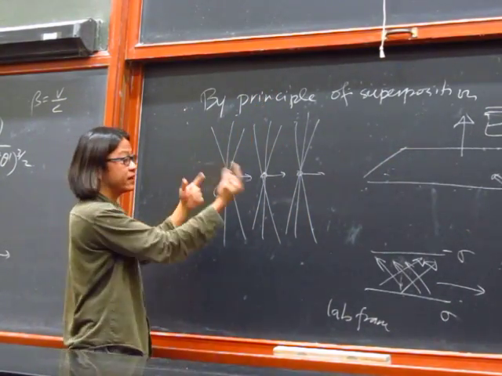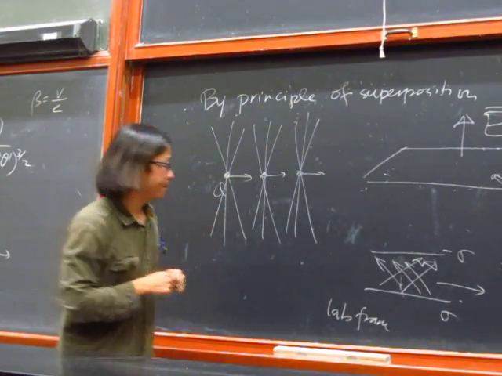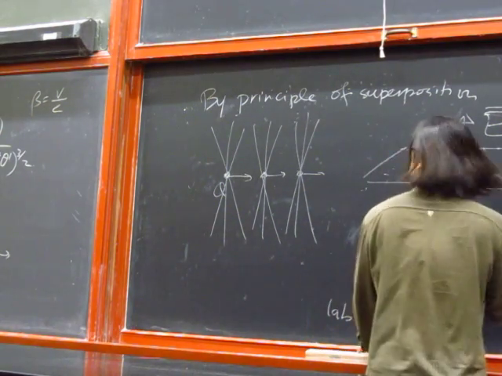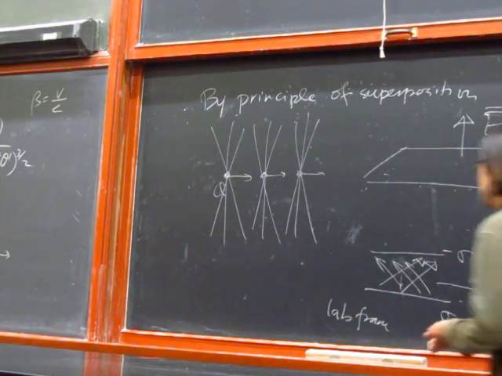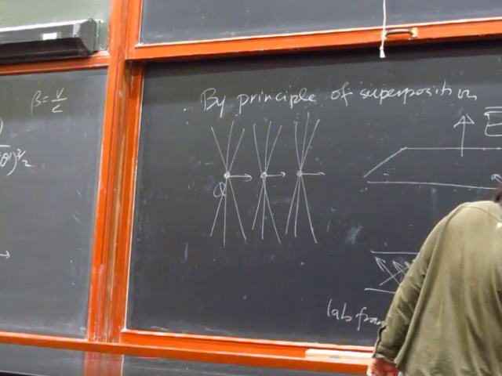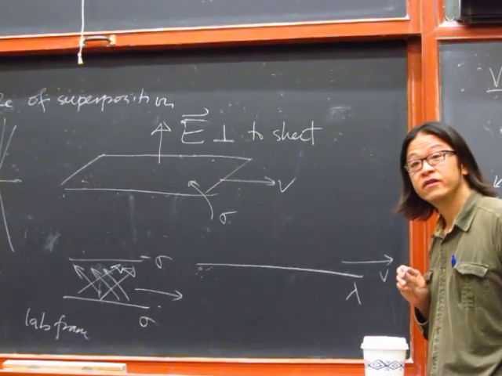All the field that's pointing in the plus minus x direction will cancel. Okay? Same thing, right? If I have, we'll do this, maybe we'll do this, I'm not sure if I have time, but maybe we'll do this on Monday. If I have a line charge, lambda, right, and it's moving at some velocity in this direction, right?